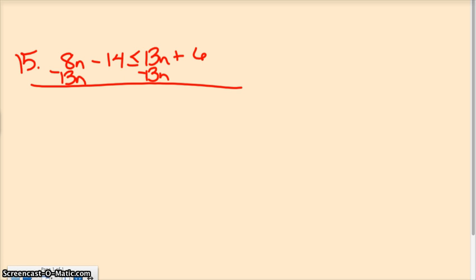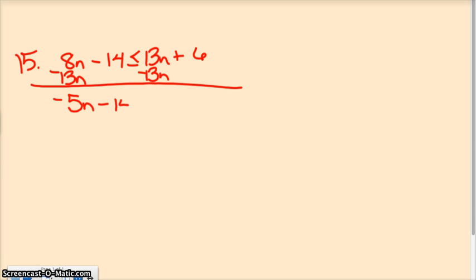Number 15, we have 8n minus 14 is less than or equal to 13n plus 6. First thing I'm going to do is get my 13n over to one side. 8 minus 13 is negative 5.